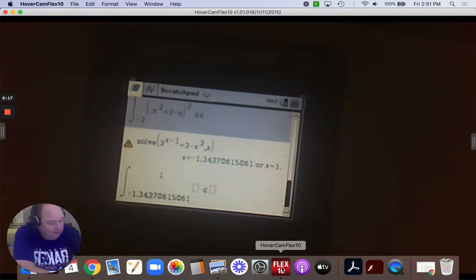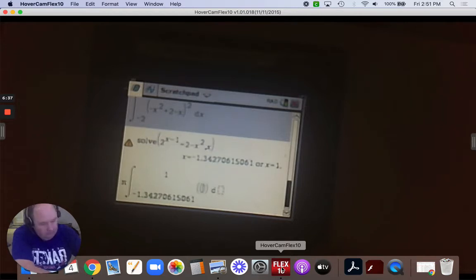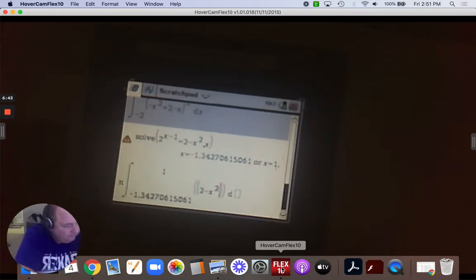And then it starts with pi. Pi can be in front or behind, so if you feel more comfortable, put pi in front. We're going to start with 2 parentheses, and then type in 2 minus x squared, and we're going to square it.